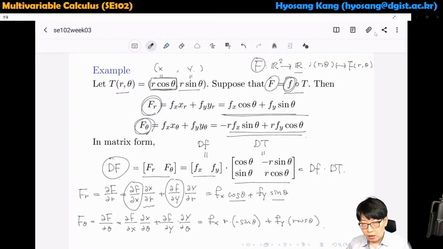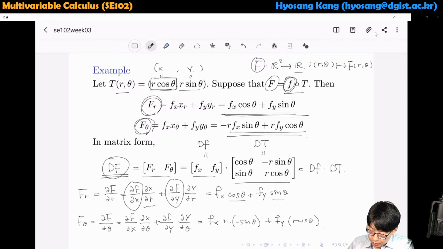So I omitted all the values at points, but if you really compute what happens at this point or that point, you have to plug in numbers for r, theta and x, y.